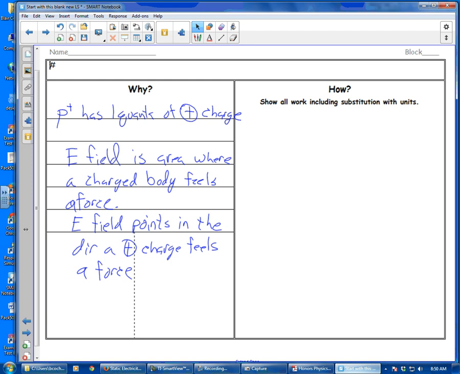So you are showing your understanding of both an electric field and a proton.